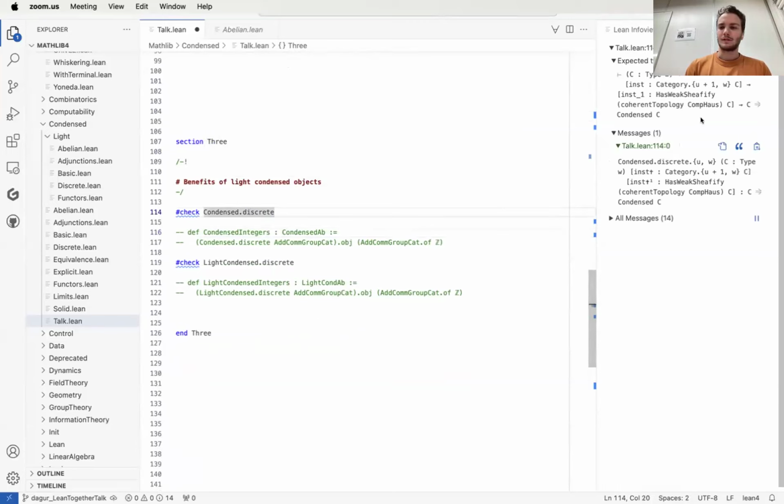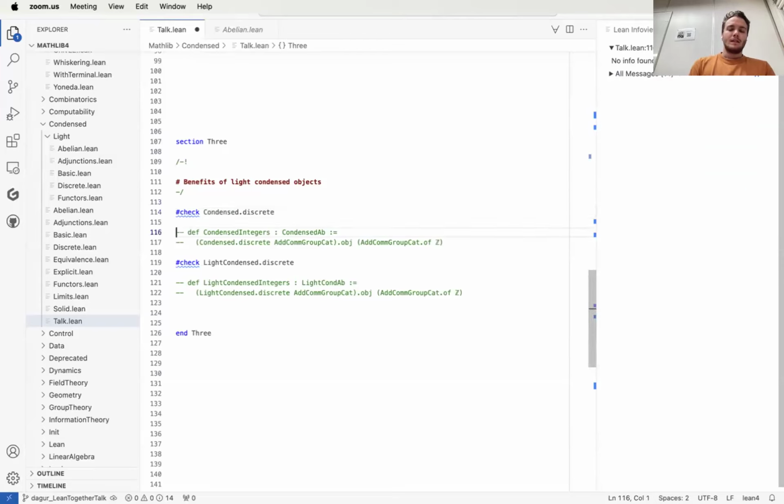Condensed.discrete is just the functor from a category to a category of condensed objects. It's the constant sheaf functor. So you would like to be able to regard your objects in your category, say sets, as discrete sets in the condensed world, and that's this functor here.